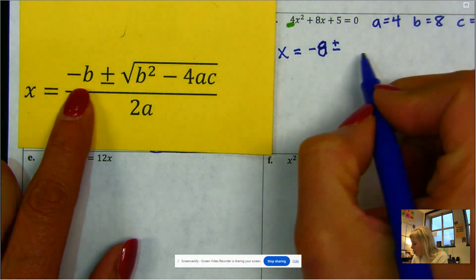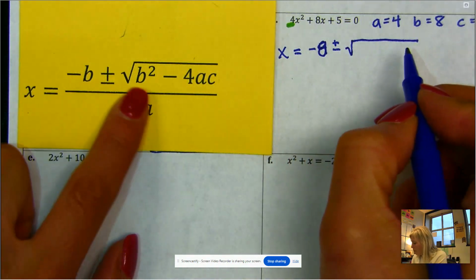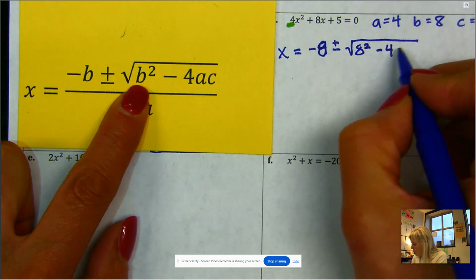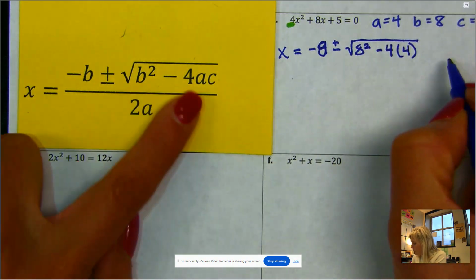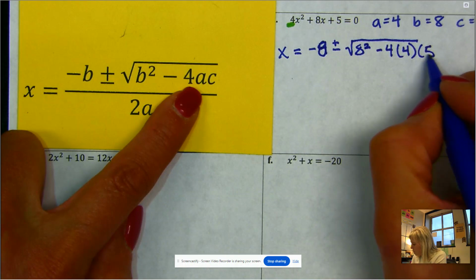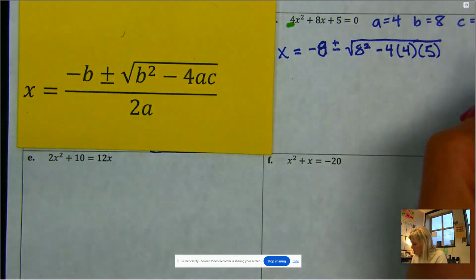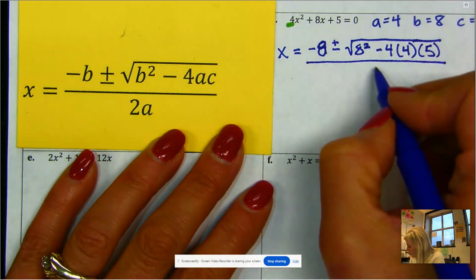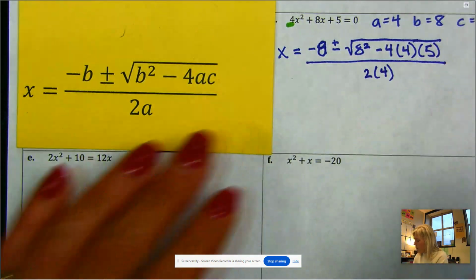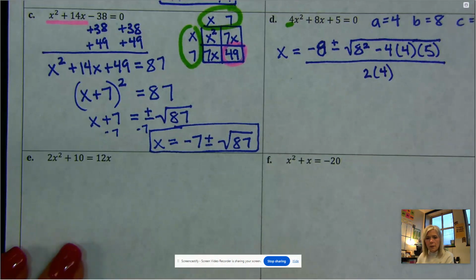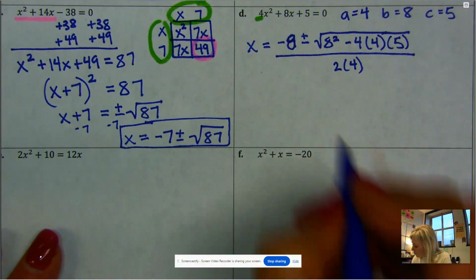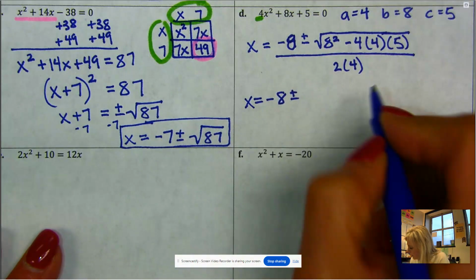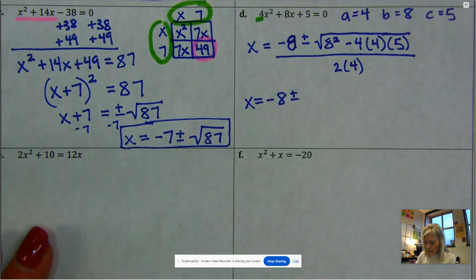Plus or minus the square root of B squared, so 8 squared, minus 4 times A, which is 4, and C, which is 5, all over 2A. 2A, so 2 times 4. Okay? Now that I've got them plugged in, I'm just going to do some cleanup. Negative 8, plus or minus, let's see here.